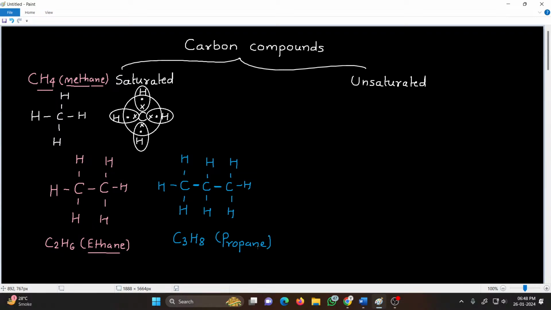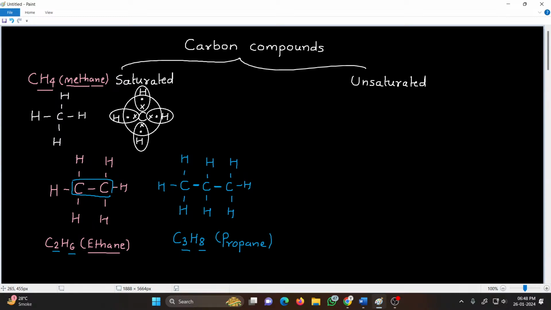Likewise, many carbons can form such long chains, and the remaining valencies of carbon can be fulfilled by hydrogen. If you look at the formulae, here 1 carbon, 4 hydrogen, here 2 carbon, 6 hydrogen, 3 carbon, 8 hydrogen. If you look at the hydrogen, we have a linear carbon chain like this.